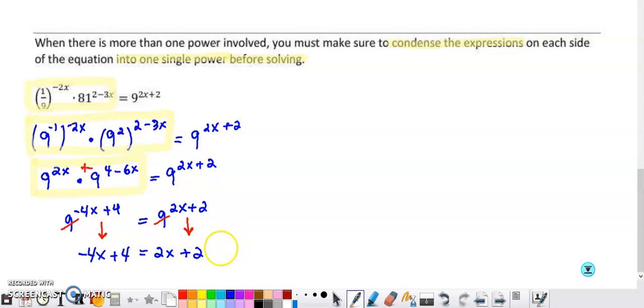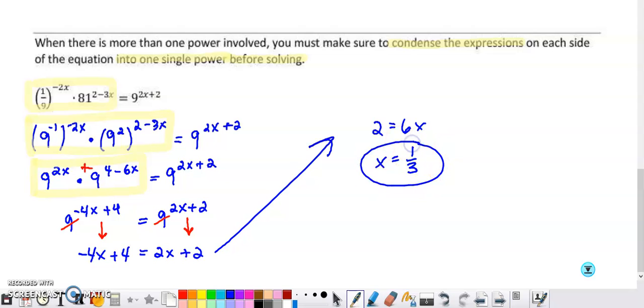Right, so I'm going to take that just into the blank space over here. Let's continue solving this. Let's say I'll put 6x on the right side. So we'll get a fraction for this one. We'll get 1/3 in the end.